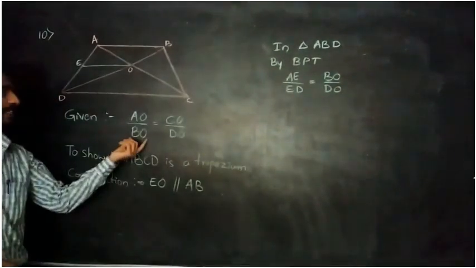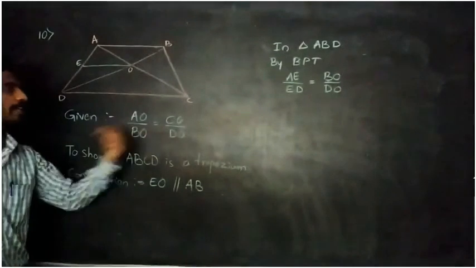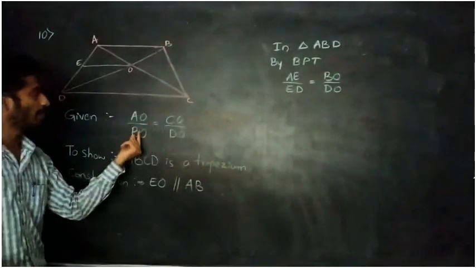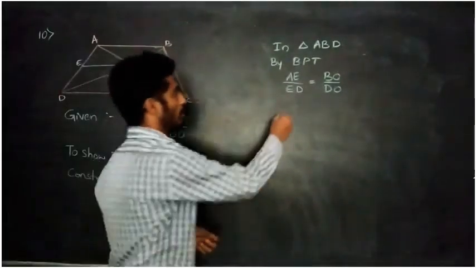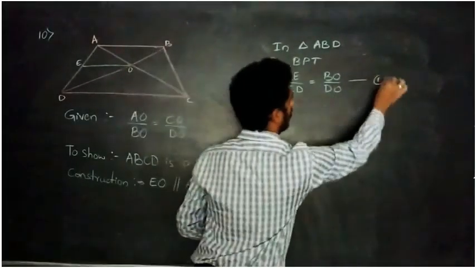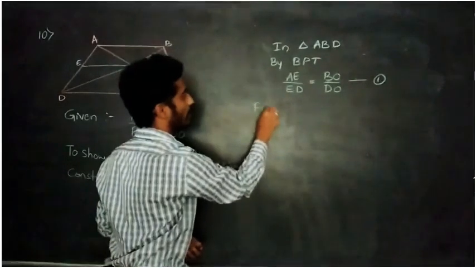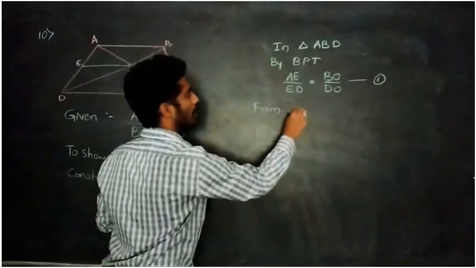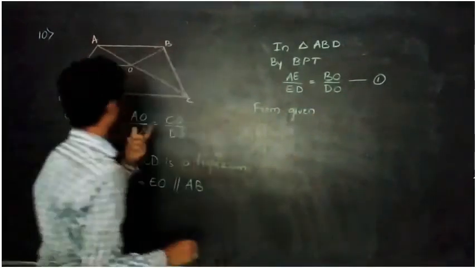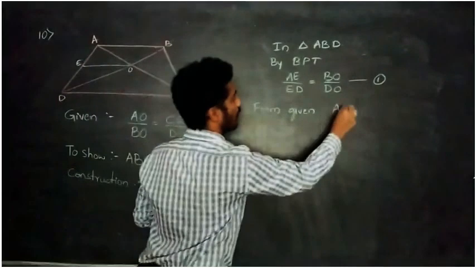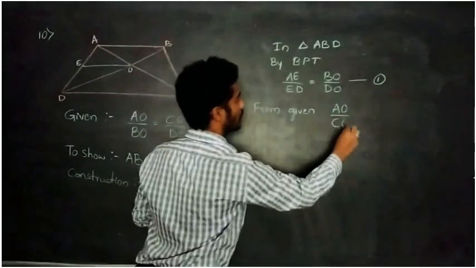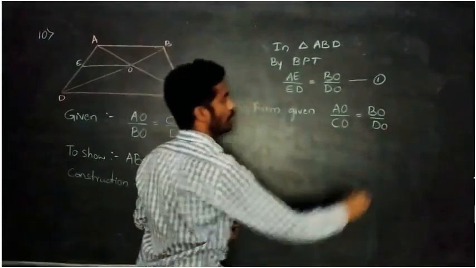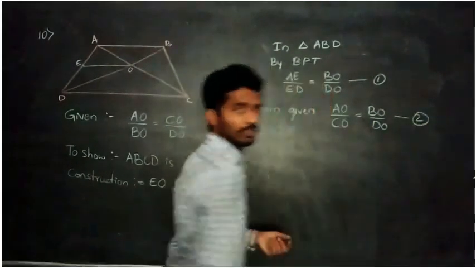Let's take it as equation number 1. But what is given here? AO by BO equal to CO by DO. So I will interchange the terms BO and CO. From the given, AO by CO equal to BO by DO. Let's take it as equation number 2.